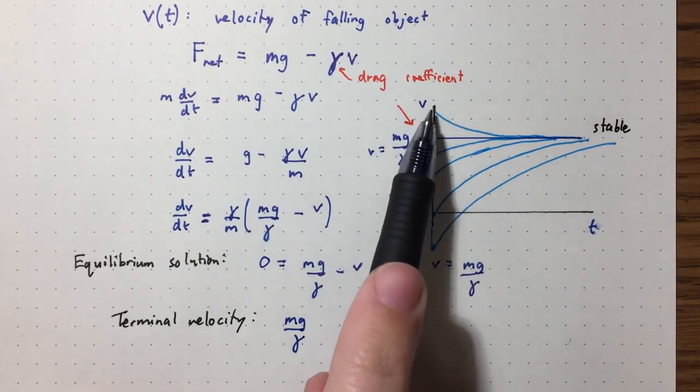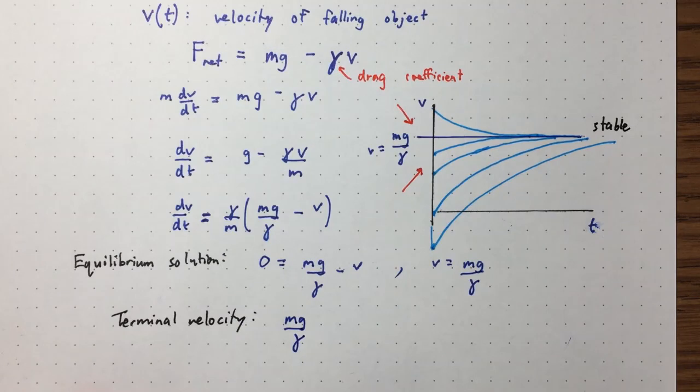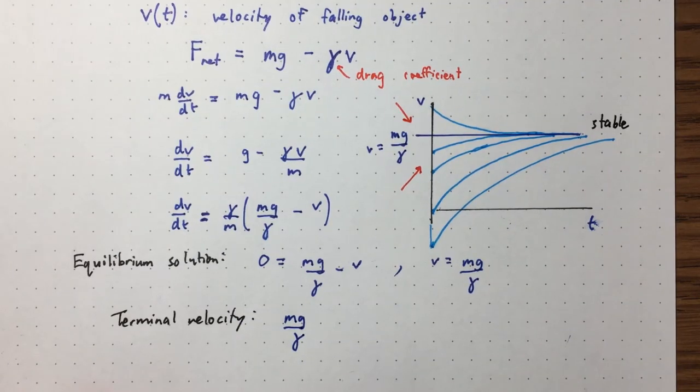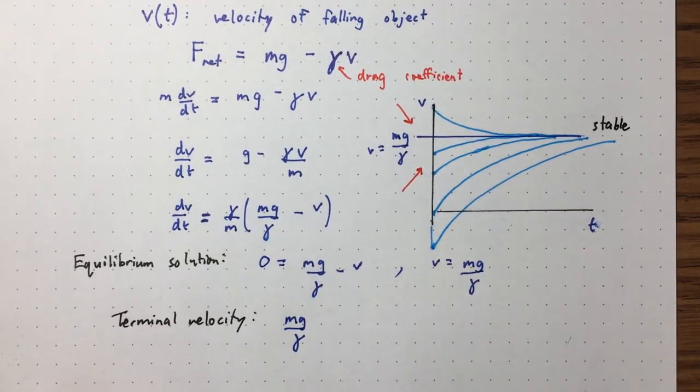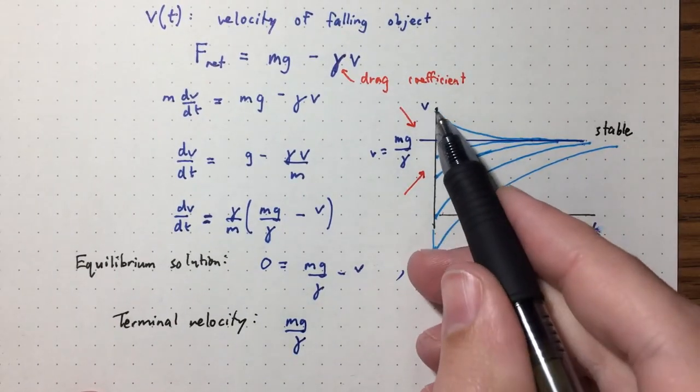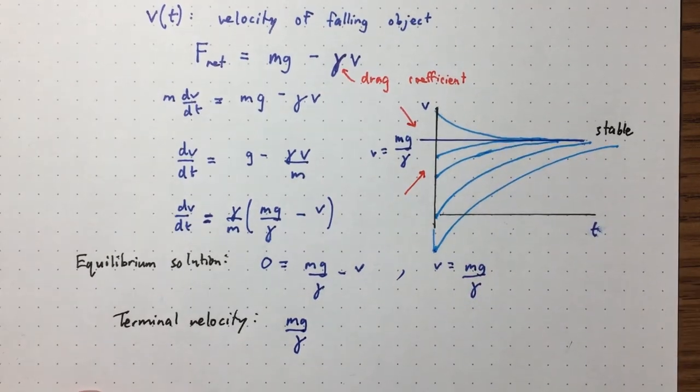And notice that includes objects that are going faster than the terminal velocity. So terminal velocity isn't just some limit where you can't possibly ever go faster than it. You can go faster than it. For example, an object can be launched faster than terminal velocity, but then this is saying it will eventually decrease to the terminal velocity.